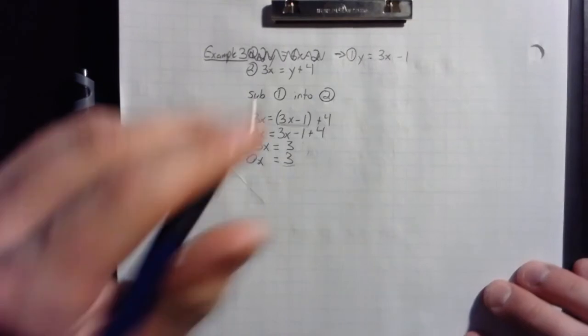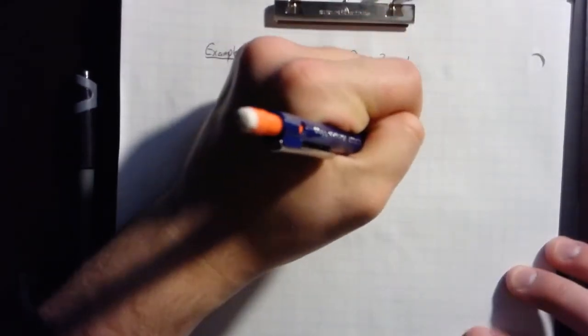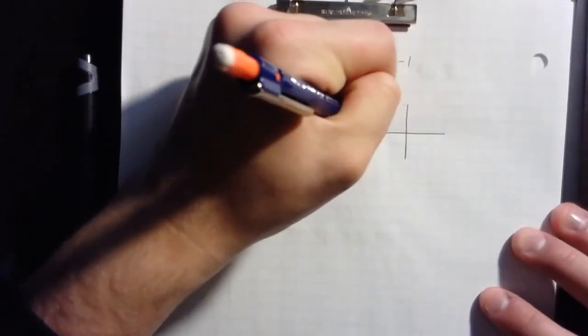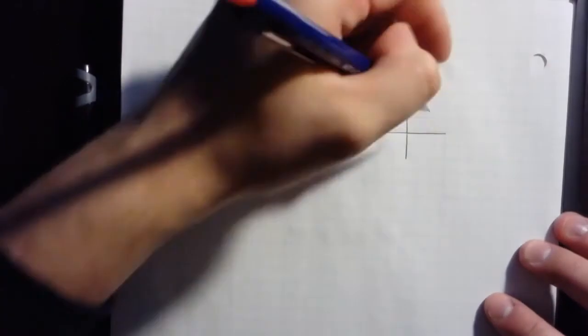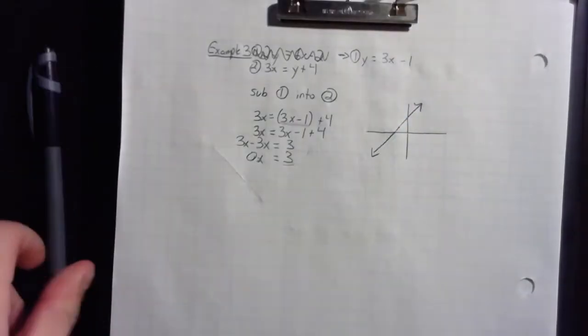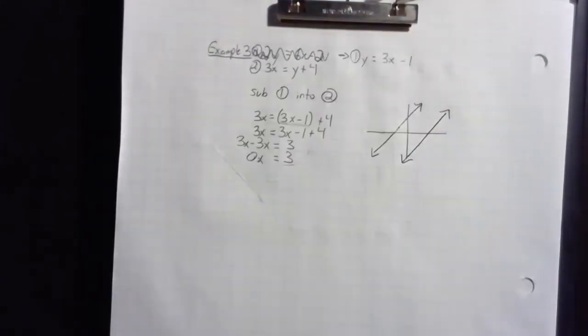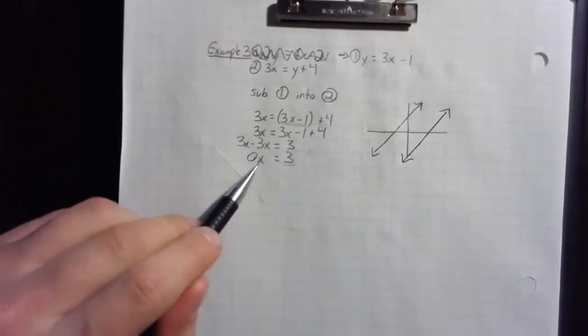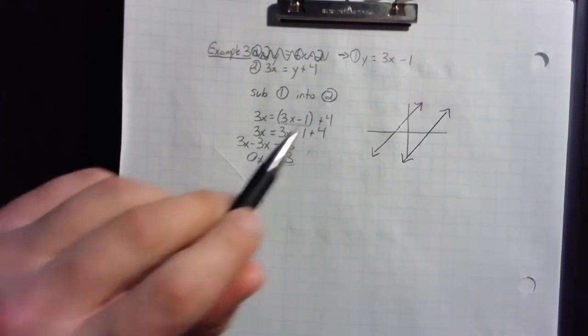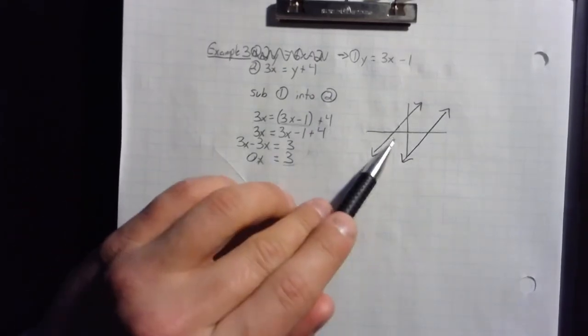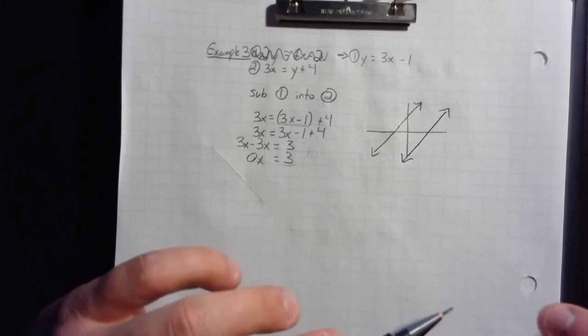So this means that if we have our system of equations here, we're going to have one line, again, so let's just call it there, and our other line will be here. The reason why we cannot find a solution for x is because these two lines never intersect, okay?